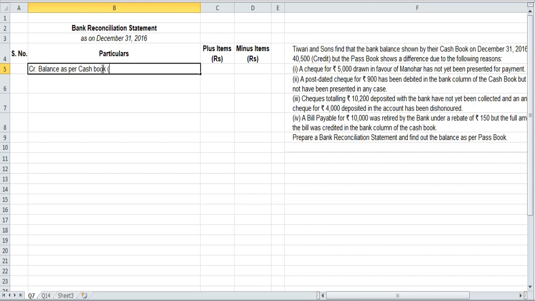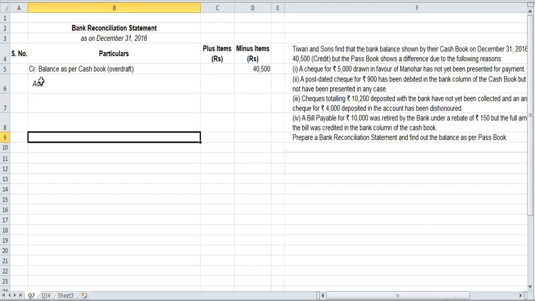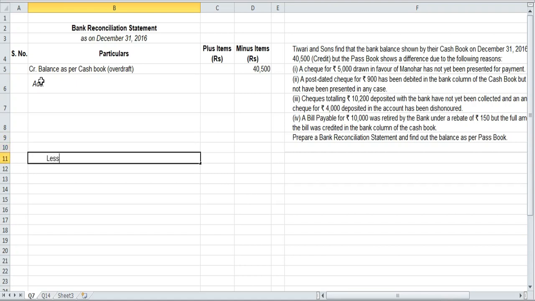We'll write here overdraft. Overdraft means it is in minus, it is withdrawn in excess, 40,500. Then we will write add, and we'll give some space, and somewhere here we'll write down less.